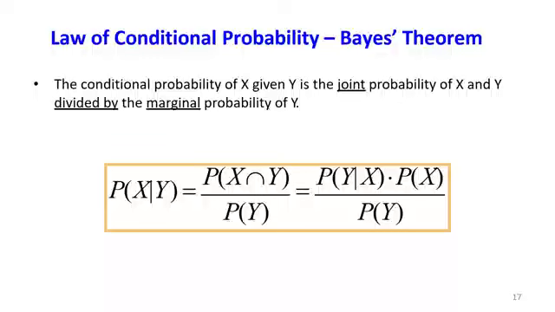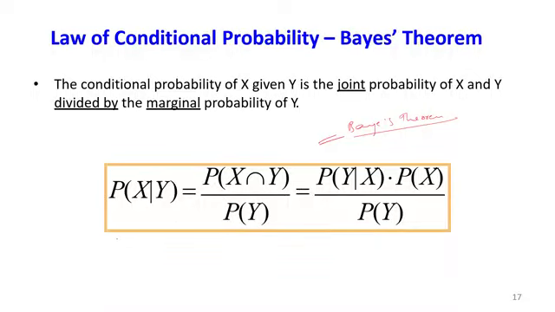Now how can we calculate the conditional probability? This particular equation is called Bayes theorem. Bayes is a person's name, who came up with this equation.